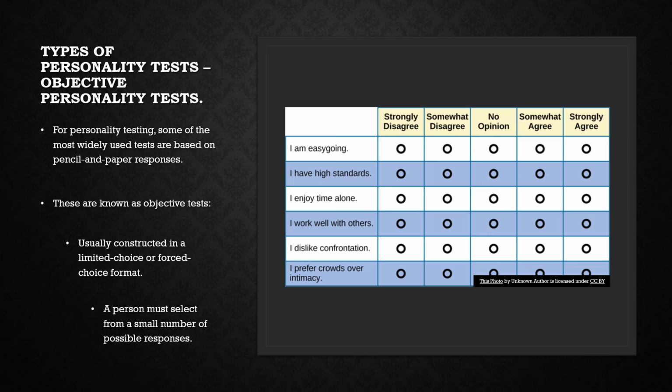As you see in the example here, you might have taken something like this in the past or more recently, where they give you a survey or a poll, and it says, "I am easygoing," and you check strongly disagree, somewhat disagree, no opinion, somewhat agree, strongly agree. And then a psychiatrist or a psychologist or someone looking at those results would look at your answers and decide what your personality was, or maybe if you were suffering from any type of psychological disorders or something like that.